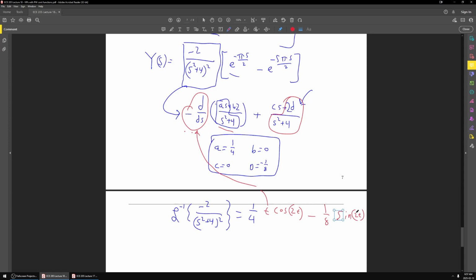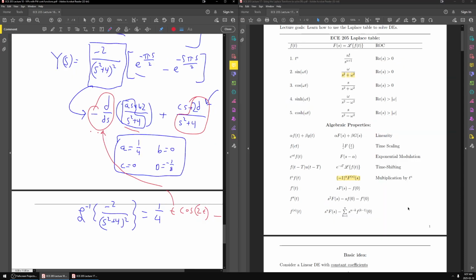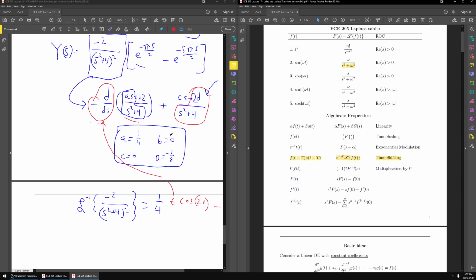Now, just because this part's the new part for you guys, if I want to do my time shifting, I'm going to use this rule again. Let's unhighlight and highlight this. So now I use this rule to piece the last bit together.